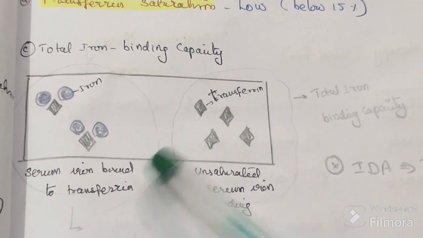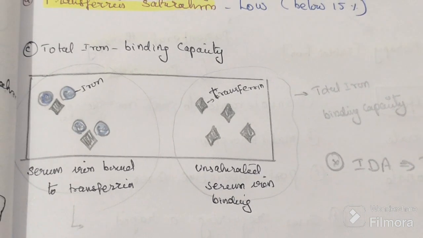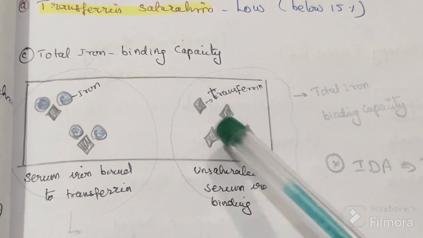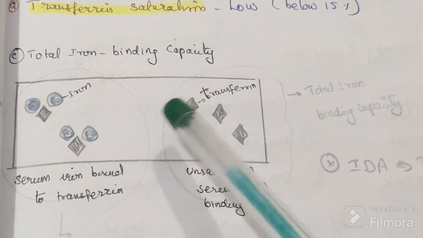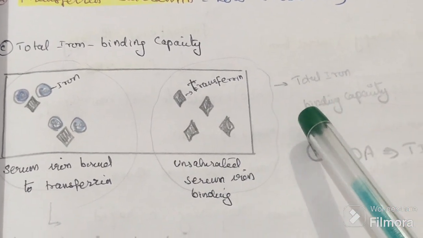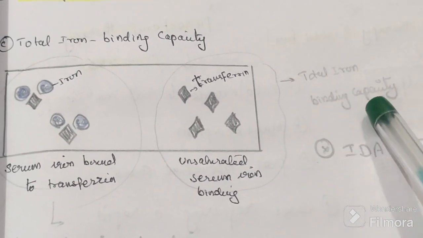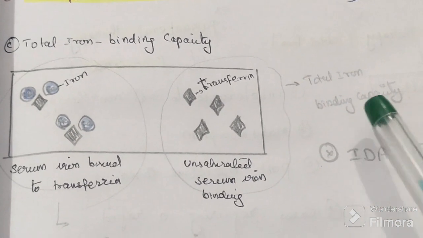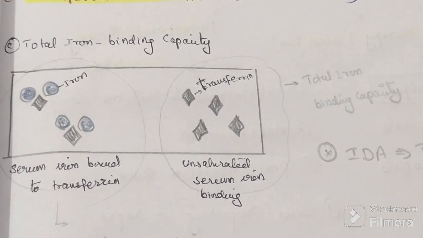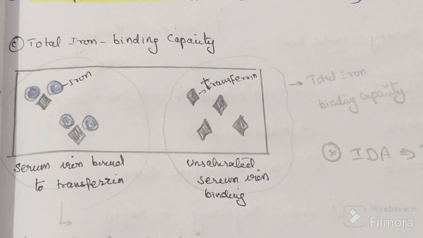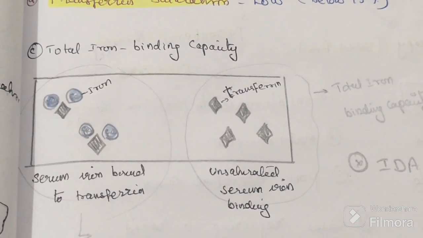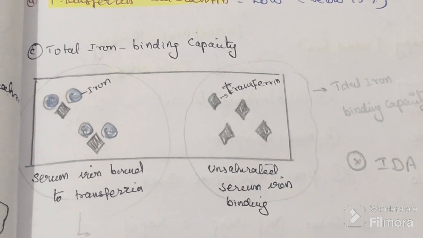The empty one has no iron; the blue color is not present. This is called TIBC, total iron binding capacity, because they are empty.